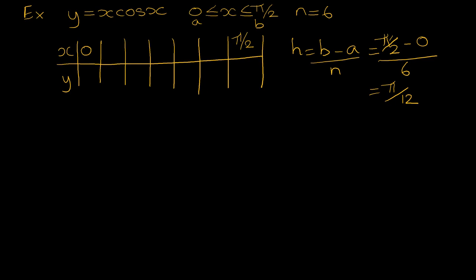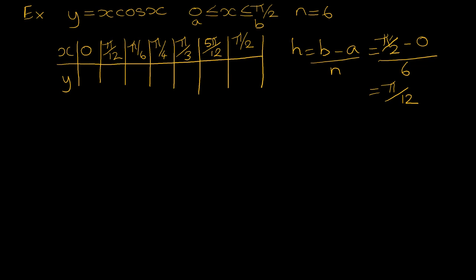So after the naught, the next one along will be h difference, which is pi over 12. Then another pi over 12 gives us 2 pi over 12, which is actually pi over 6. 3 pi over 12, which will be pi over 4. 4 pi over 12, which is pi over 3, and 5 pi over 12. 6 pi over 12 obviously is pi over 2.